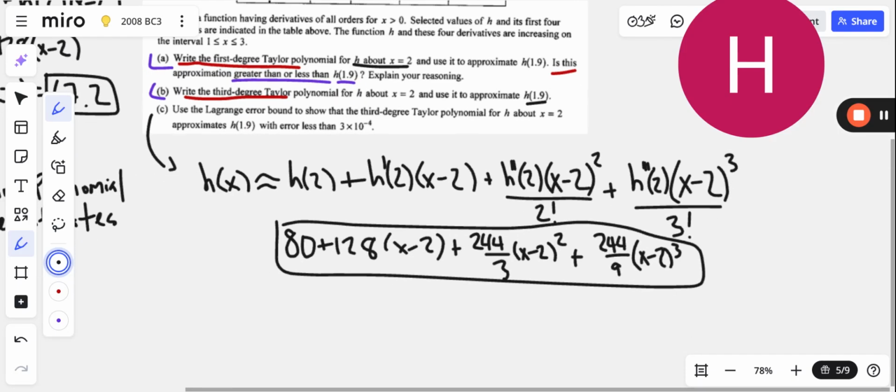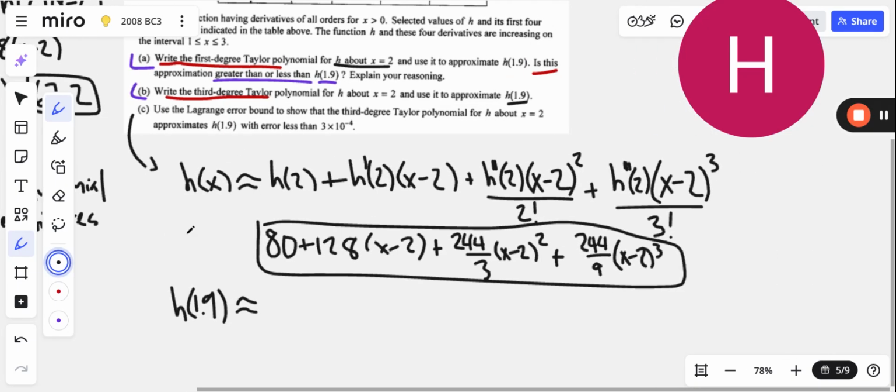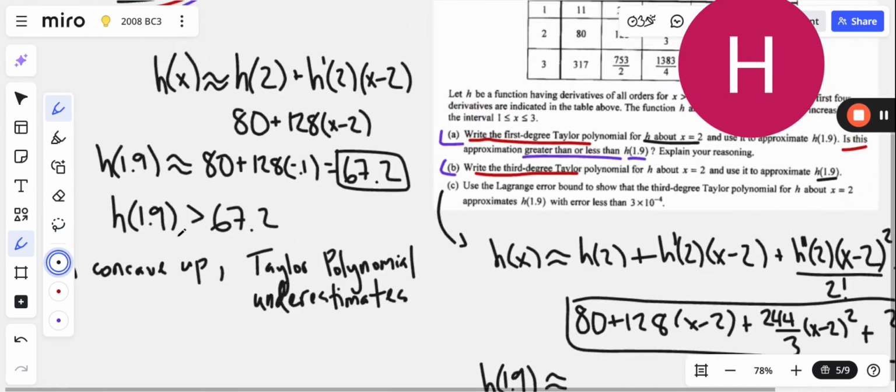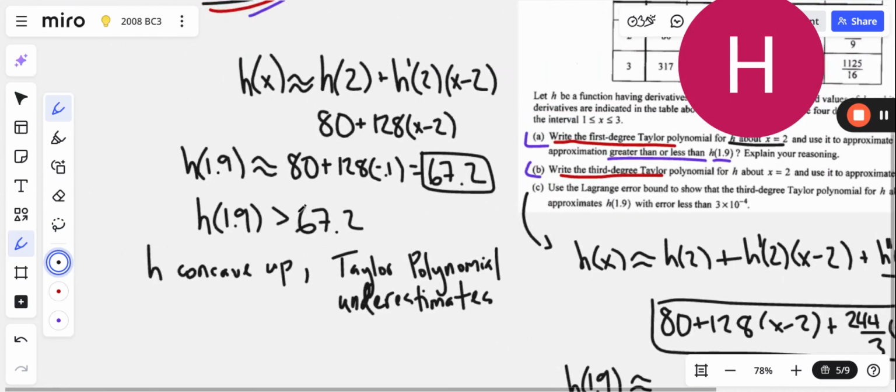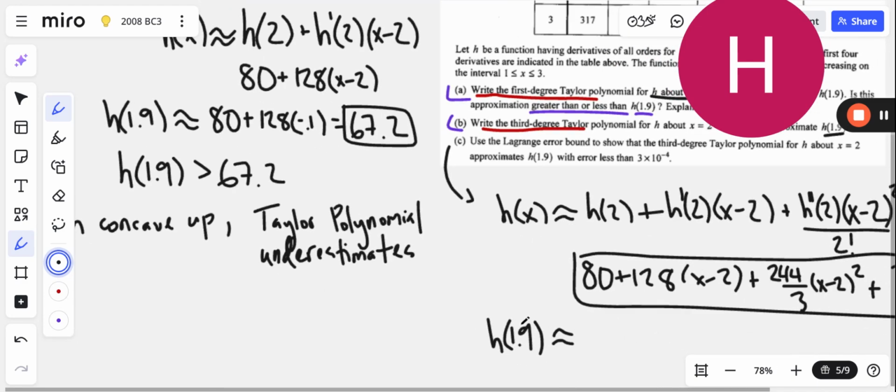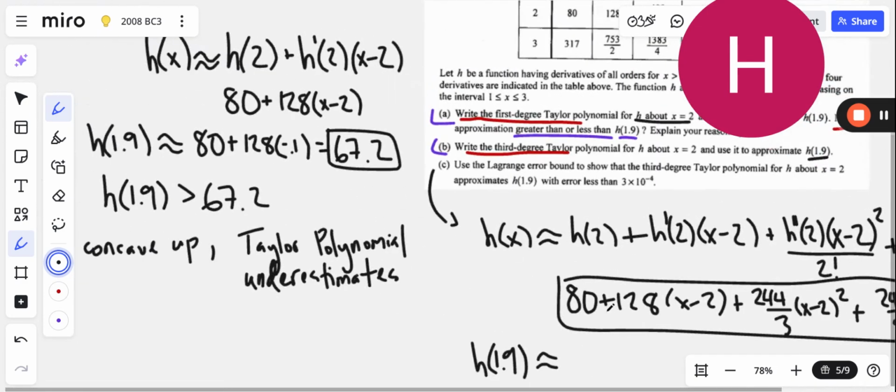Now let's use it to try to approximate h of 1.9, and it'll be a little bit closer than what we got for the last value. Since it was an underestimate, we're probably going to be adding some stuff to it, right? If we're going to get closer, then we're going to have to get more than 67.2.